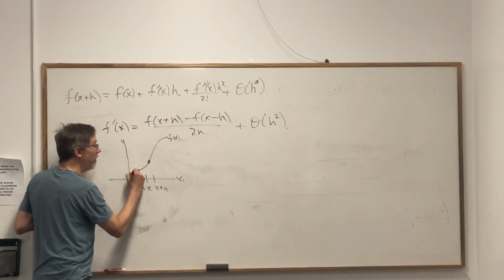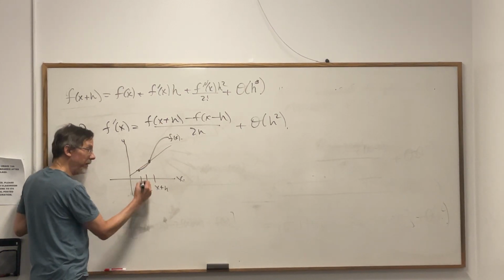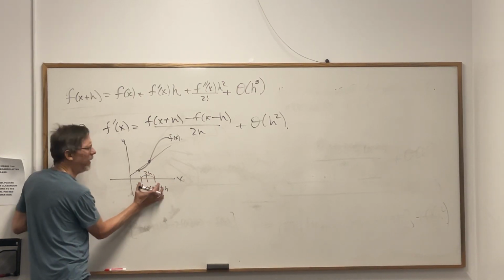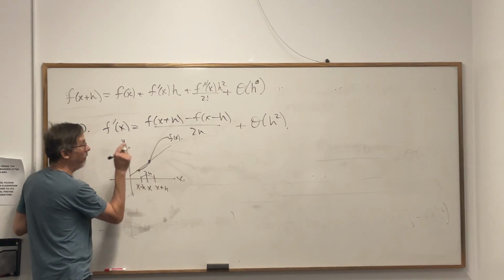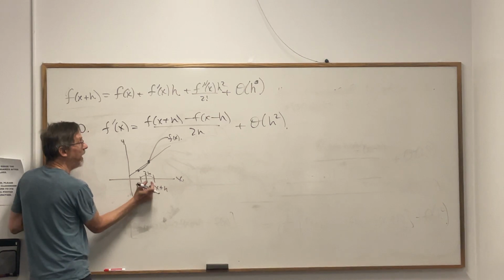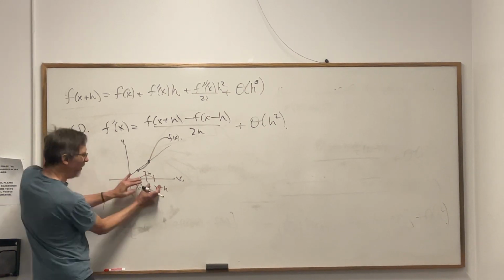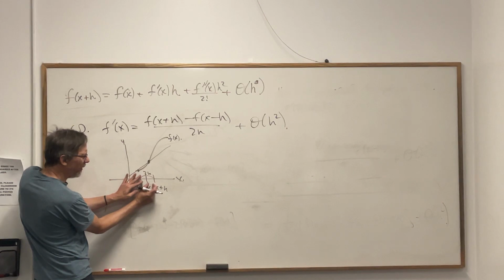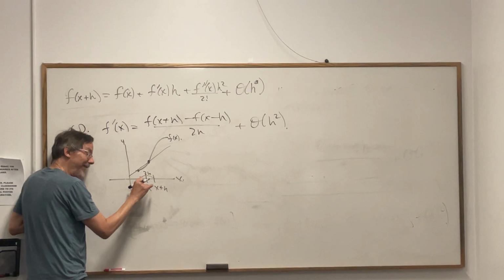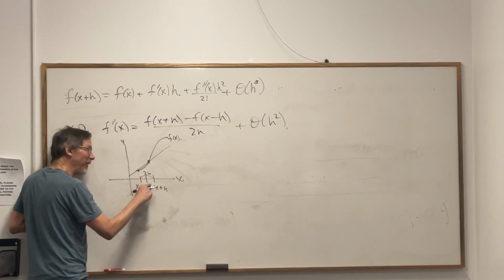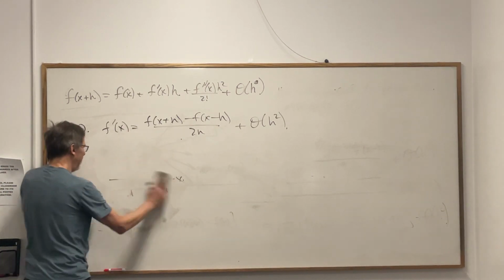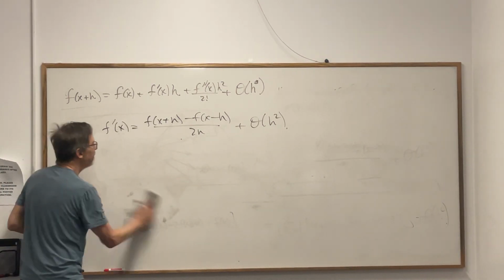And this is the slope of that secant line, right? This is just 2h across. So instead of just using half of this to take the derivative, we use the whole thing. And what we can see is that this turns into the derivative faster than the normal derivative definition, which is usually just a forward difference. So somehow having information in front and behind is more than just at the point and ahead.